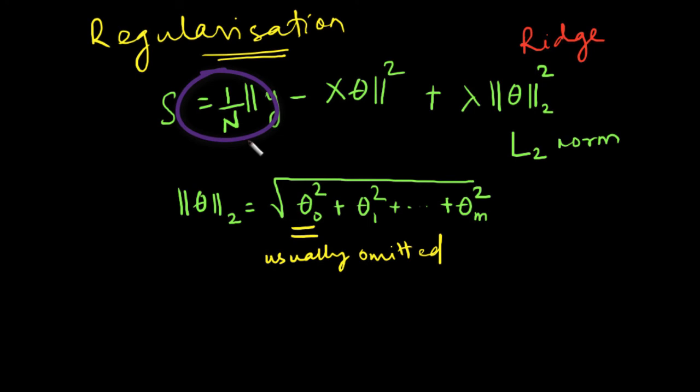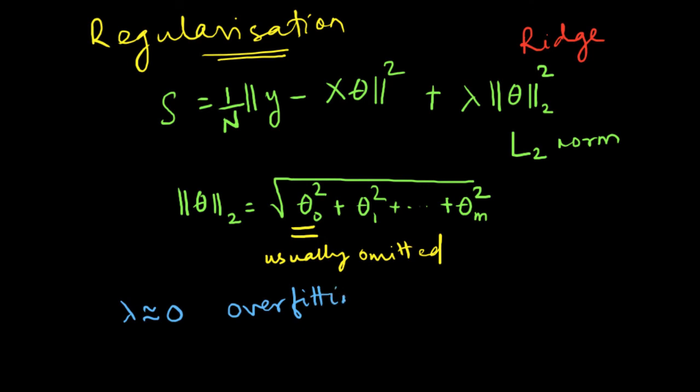number of data points. Now if your lambda is very low, which means your regularization term is doing nothing much, there you will have a problem of overfitting. So this is like not having a regularization term. But if your lambda is very high, then the higher order parameters will be penalized too much, and you will fall into the category of underfitting, which is same as choosing a very simple model for your fitting.